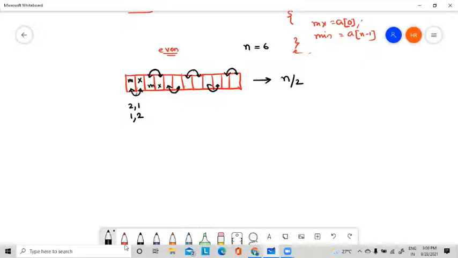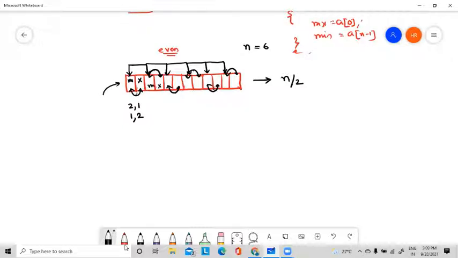So now, what is the next step? In the next step, I will only compare this with this, with this, with this. I'm jumping over or rejecting one element and going to the next. Among these 6 elements, I will search for the minimum.